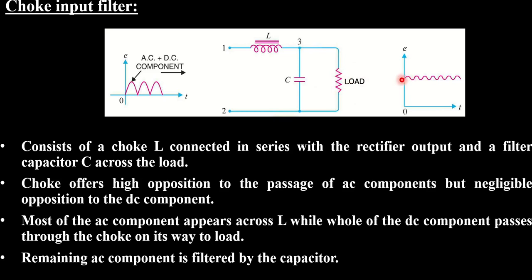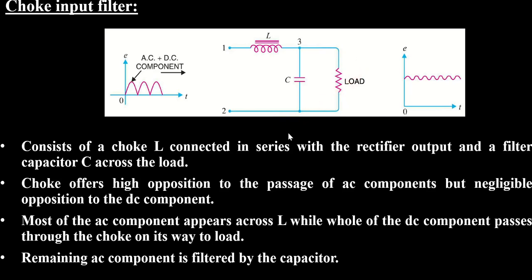So we will have an output waveform like this, which will have very little ripple when compared to the capacitor filter circuit. So remember that here two types of filtering have occurred. One is done by the inductor by blocking the AC, and the capacitor actually bypasses the AC. So what remains is DC voltage, which will appear across the load resistance.